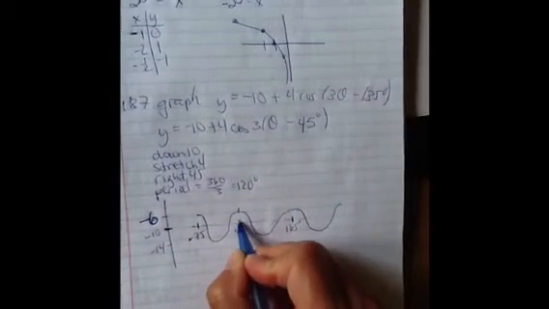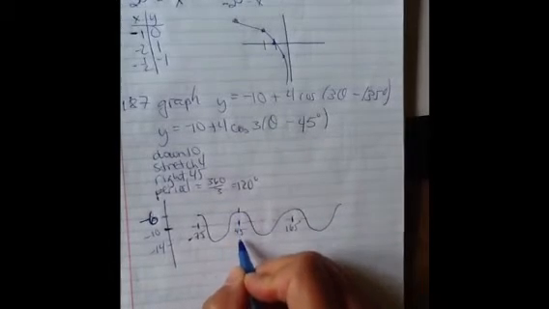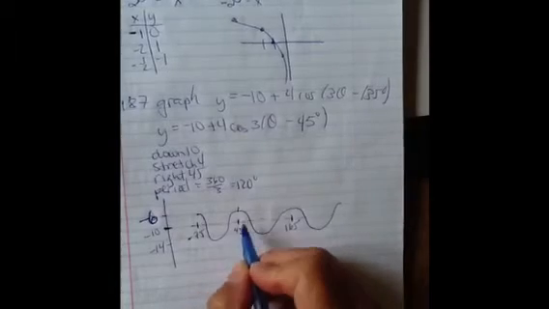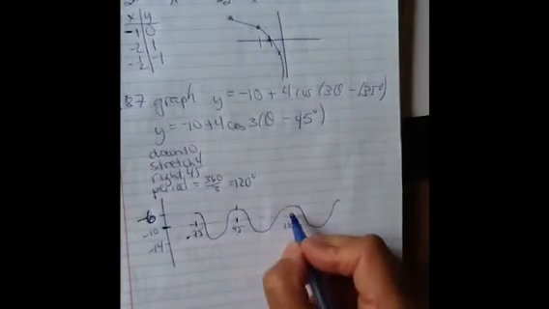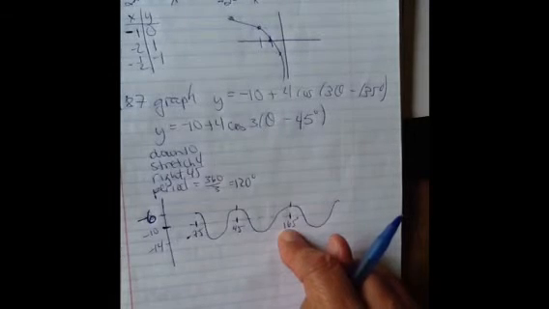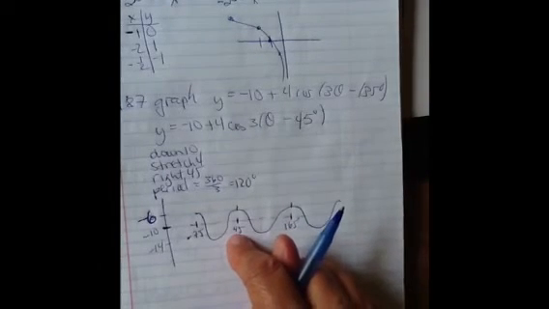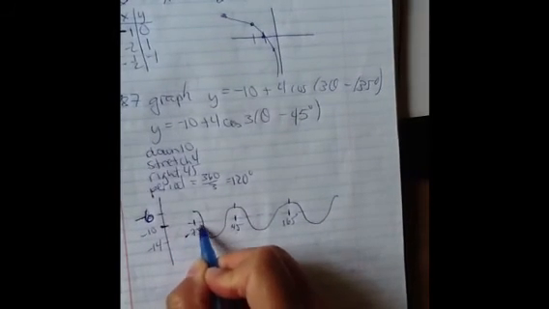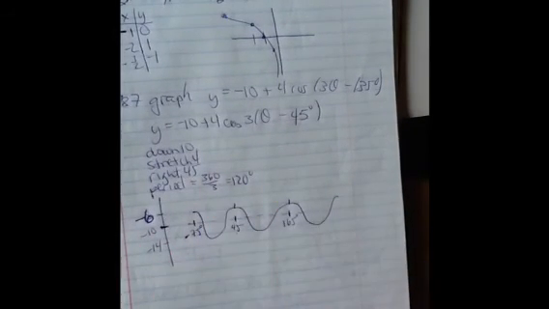So from here, that's the top of my cosine, I start at 45. And I have a complete cycle 120 degrees further, so that ends up being 165. If I took 45 minus 120 degrees, I would get a negative 75. And that makes it real easy to sketch these.